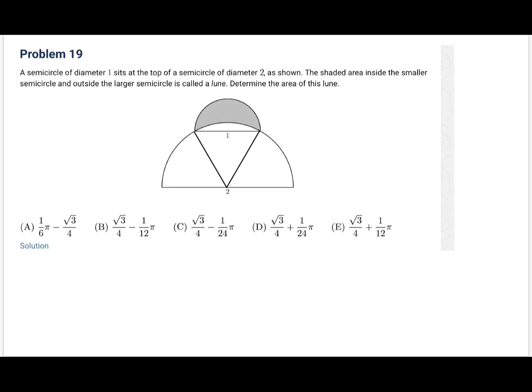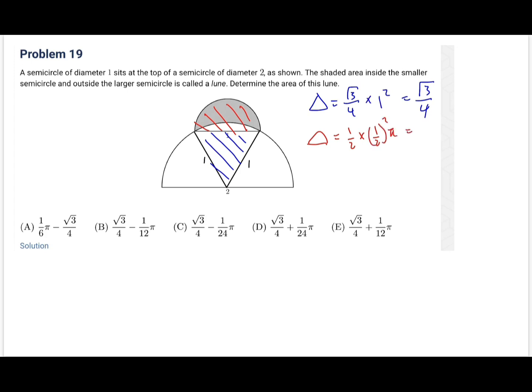So the first thing we have to do is, since this is 1 and this is 1, figure out the area of this triangle. So the triangle is root 3 over 4 times 1 squared, so it's root 3 over 4. The semicircle is 1/2 times 1/2 squared pi, which is pi over 8.